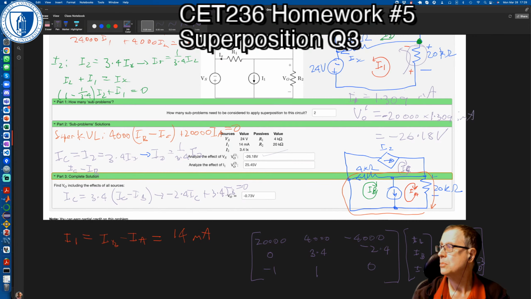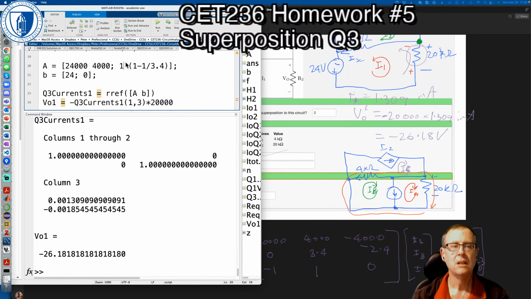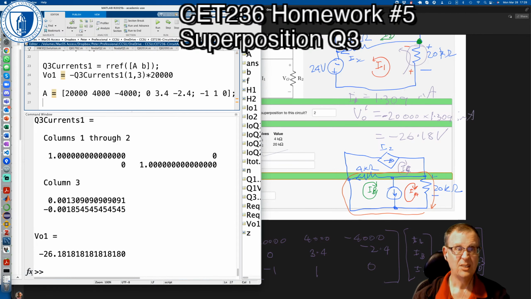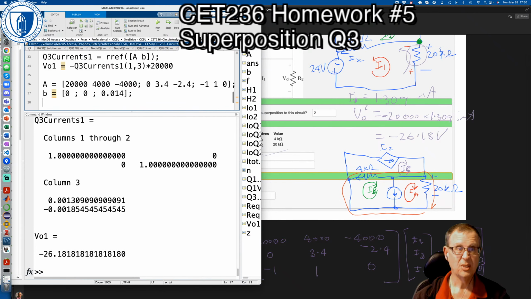So let's see if we can put that into MATLAB. Okay, so this time we get A equals, it's a 3 by 3 matrix, so 20,000, 4,000, minus 4,000, 0, 3.4, minus 2.4, and minus 1, 1, 0 as our A, and our B vector is 0, 0, 0.014.